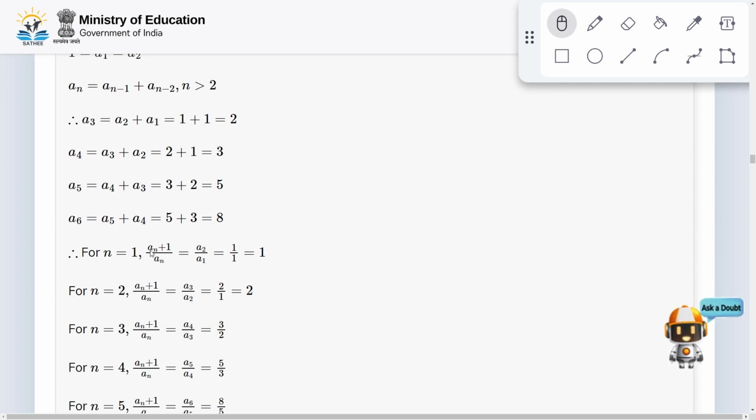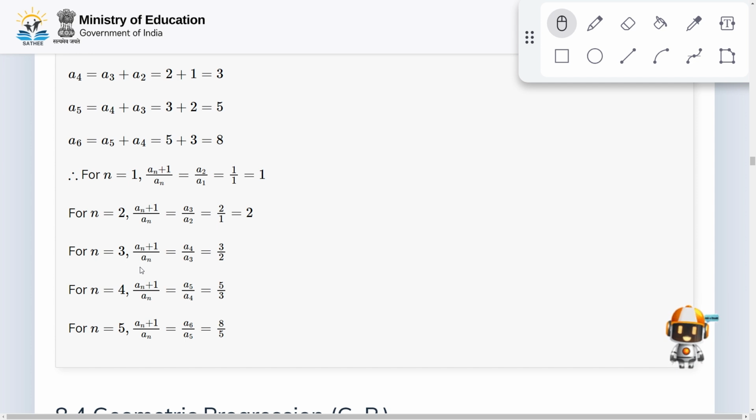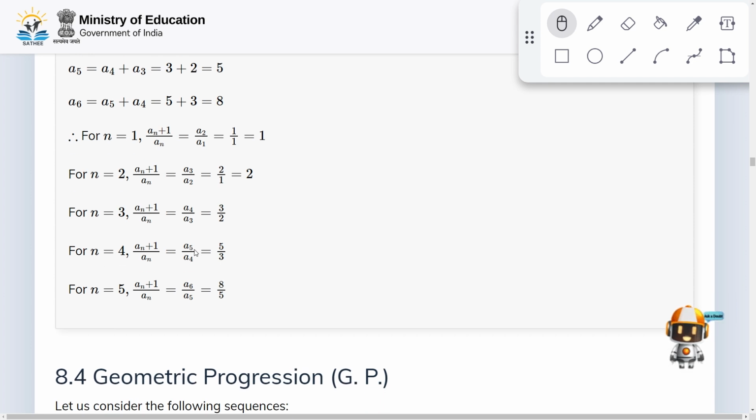For n equal to 1, An plus 1 by An will be A2 by A1, which is 1. For n equal to 2, you will have A3 by A2, which means 2 by 1, equal to 2. For n equal to 3, A4 by A3 is 3 by 2. For n equal to 4, A5 by A4 is 5 by 3. And for n equal to 5, A6 by A5 is 8 by 5.